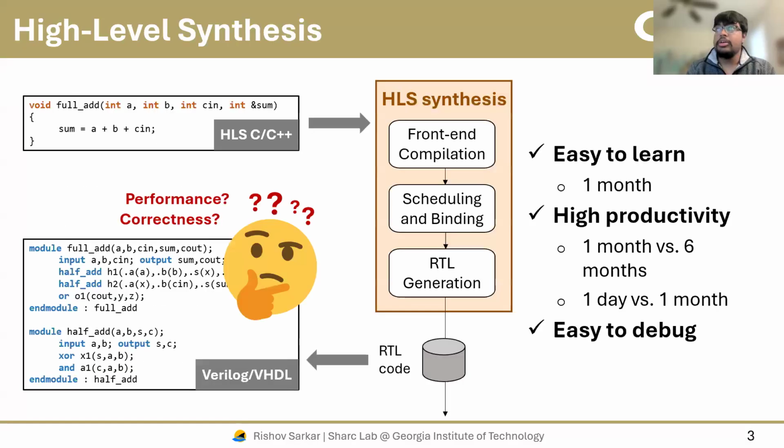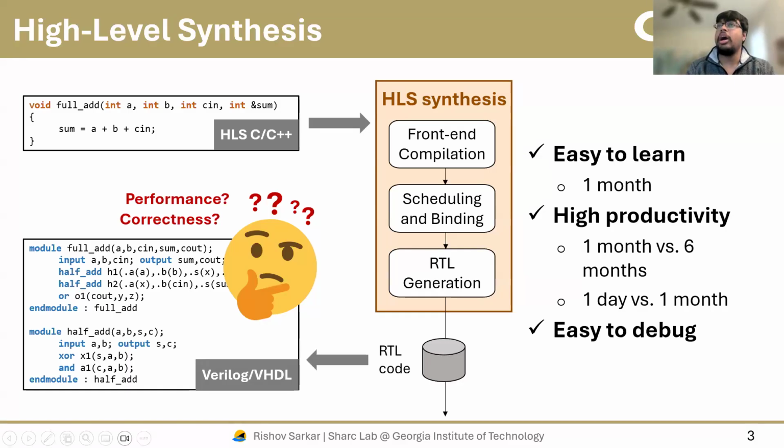So obviously I don't need to sell you all the high-level synthesis concept. Of course, you know that it's easy to learn. It can be high productivity. You can get a lot done relative to how long it takes to write Verilog or VHDL code. And it can be easier to debug because you can debug your actual C or C++ code rather than having to debug the RTL design that you would otherwise have to if you're writing Verilog directly.